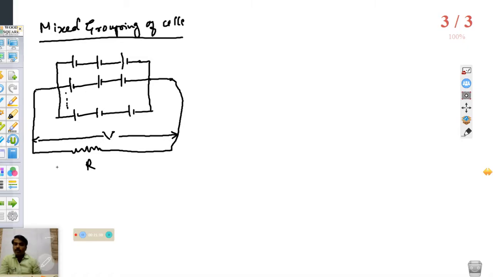Hence here I can say that equivalent EMF is equal to N times E in the first row, because all they are in series. And similarly, R equivalent is equal to, since when the PD is taken, if all the resistors are connected in series, PD divides, but if it is connected in parallel, PD remains the same.